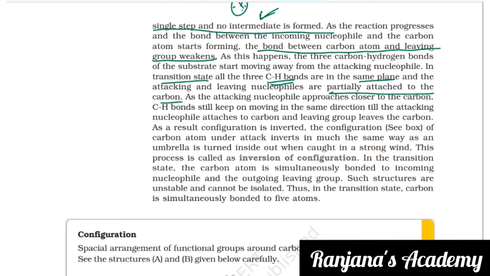As the attacking nucleophile approaches closer to the carbon, the C–H bonds keep on moving in the same direction till the attacking nucleophile attaches to carbon and the leaving group leaves the carbon. As a result, the configuration is inverted. The configuration of the carbon atom under attack inverts in much the same way as an umbrella is turned inside out when caught in a strong wind. This process is called inversion of configuration.